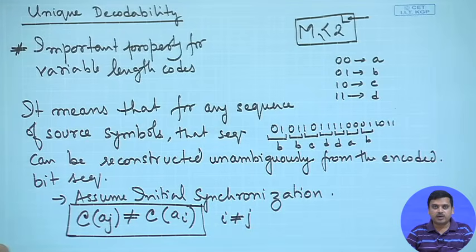There is a primary requirement, and that is obviously met in case of a fixed length code. In case of variable length code, there is also another very important property, known as the prefix-free condition. That would mean that any code word cannot be a prefix of another code word.